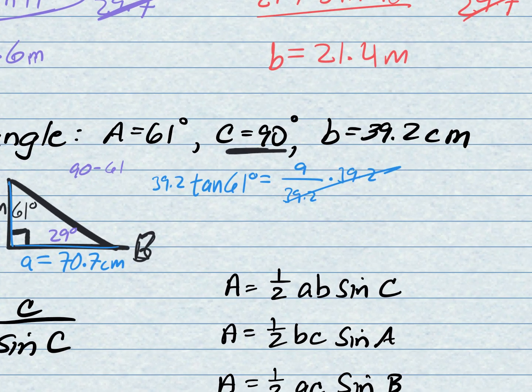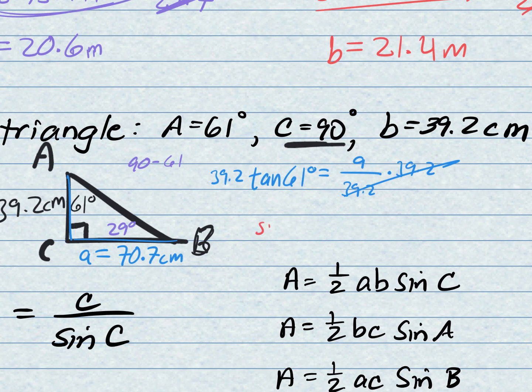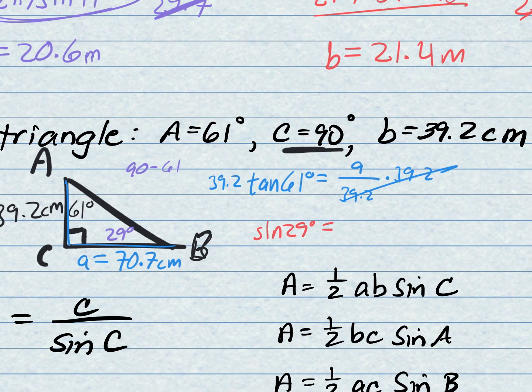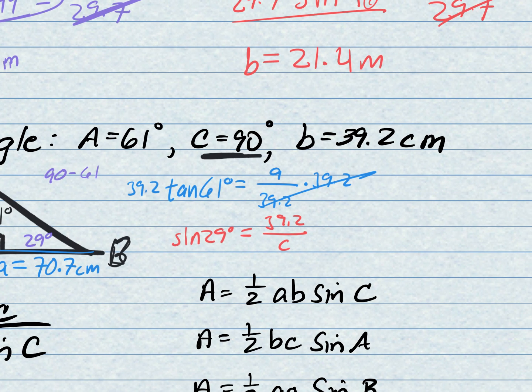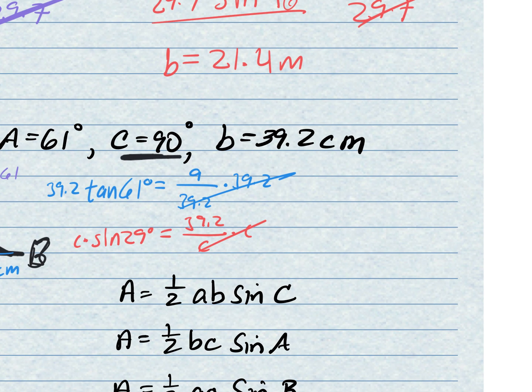And for our hypotenuse, we have options. We can either use the Pythagorean theorem, or we can use another trig ratio. Let's try another trig ratio. I'm going to try sine of 29. It really doesn't matter which one you use as long as you label the sides correctly. So sine of my angle 29 is going to be 39.2 over my hypotenuse C. Now to get C by itself, I can multiply C on both sides, so I get C times sine of 29 is 39.2.